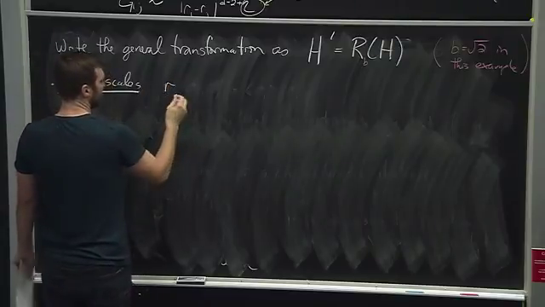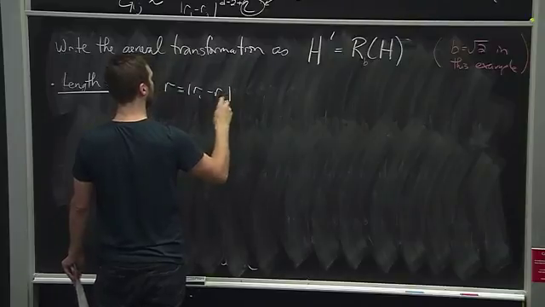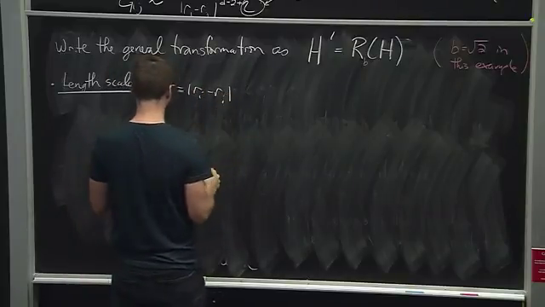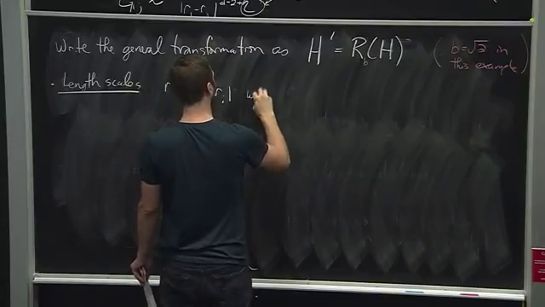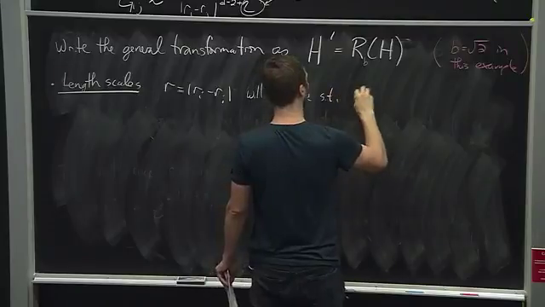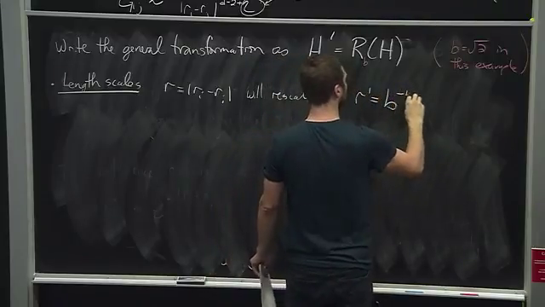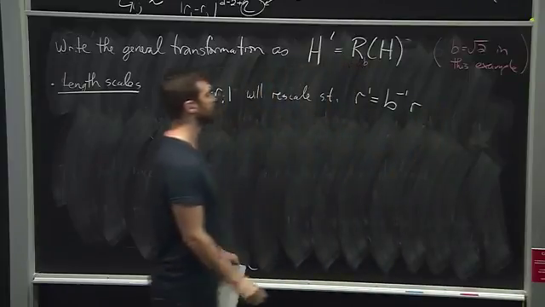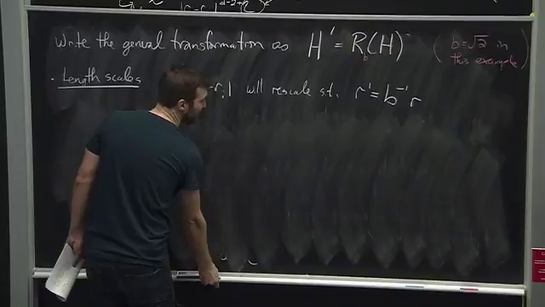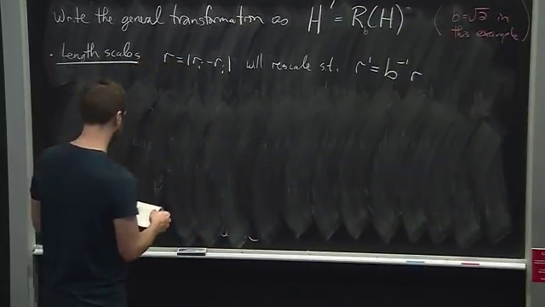Any R, any distance between, say, I and J, will rescale such that R prime is equal to B minus 1 R. That's what you're doing, essentially. You're just changing the definition of length when you do this rescaling.